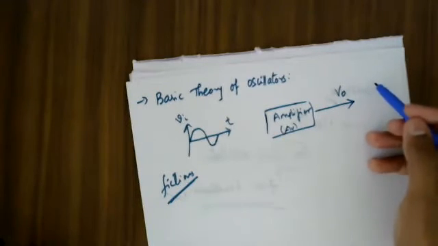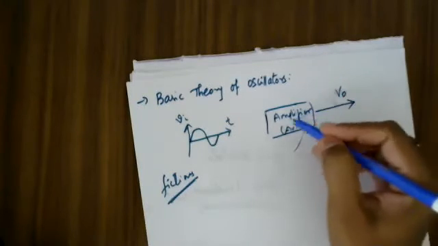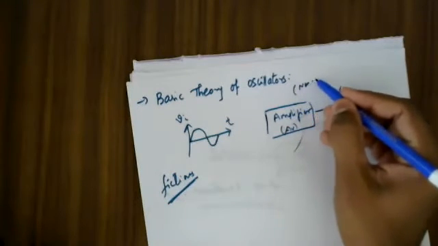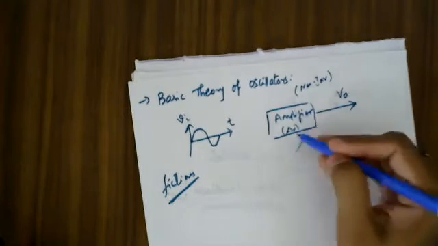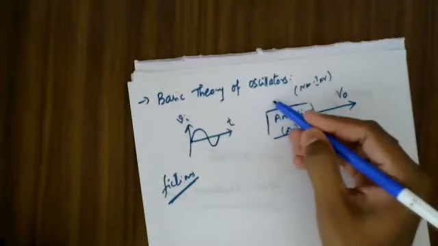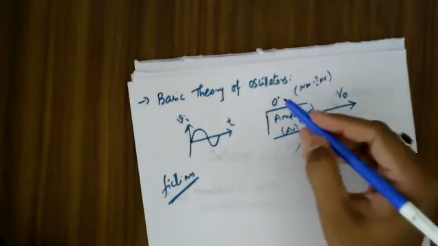Let me assume that this is a non-inverting amplifier. It simply means this amplifier will not produce any phase shift, so the phase shift produced by this amplifier is 0 degree.